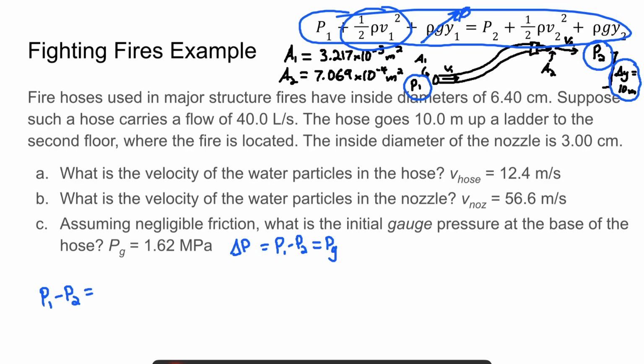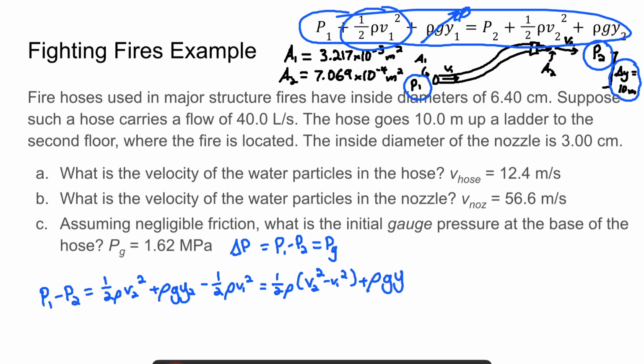P1 minus P2 equals 1/2 rho V2 squared plus rho g y2, our height, minus that kinetic energy term that we subtracted from the left side, 1/2 rho V1 squared. Or to simplify this a little bit, we could take the 1/2 rho out of those velocity squared terms, V2 squared minus V1 squared, and we will still want to add in there rho g y2.